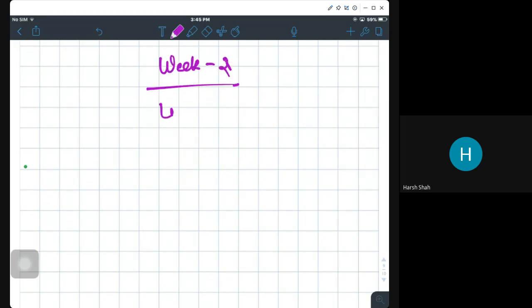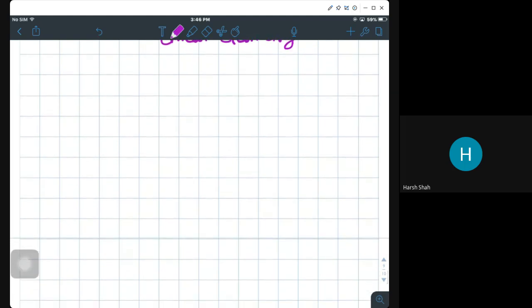This is about linear geometry. Okay, then the rectangular coordinate system, right? This is what we call the rectangular coordinate system.